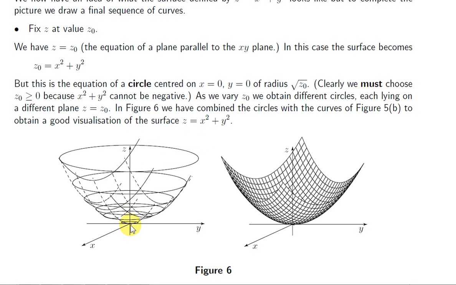So the smallest value for the radius is 0. That's when the plane is just the xy plane. So z0 is 0. So the radius is going to be 0. So the radii of these circles does not increase linearly with z0, with the z coordinate, but as the square root of the z coordinate.